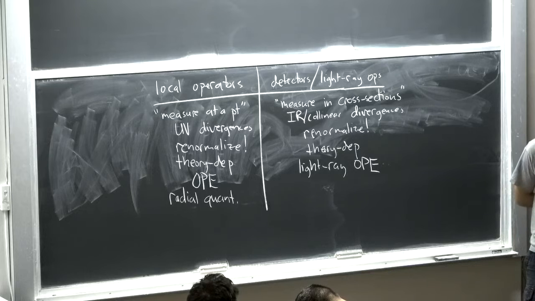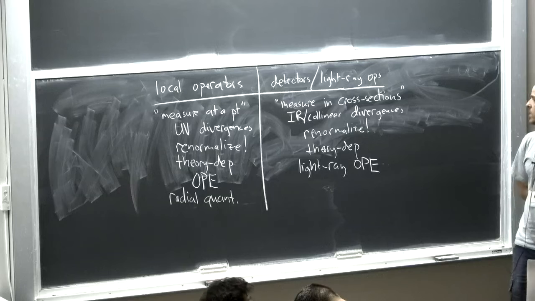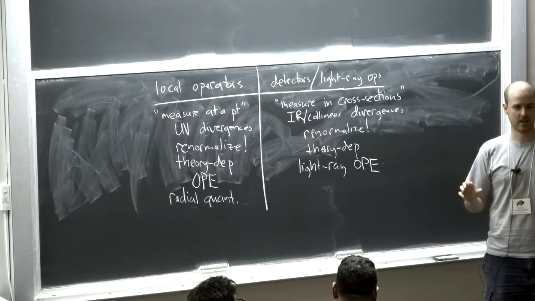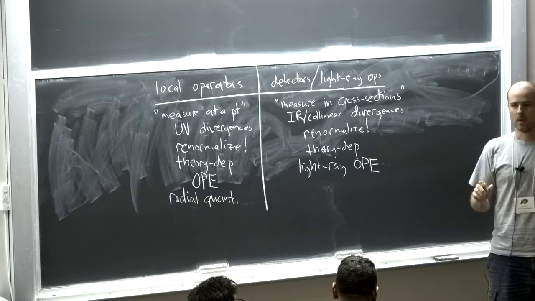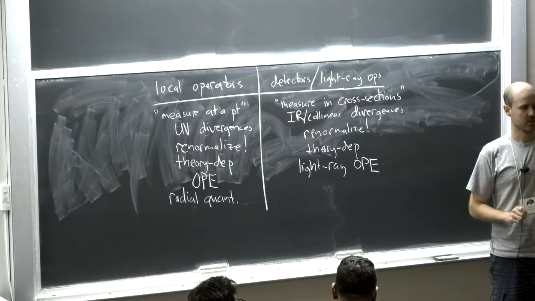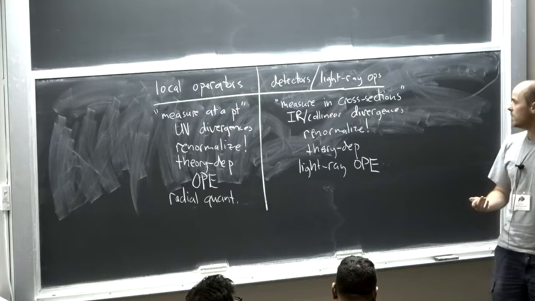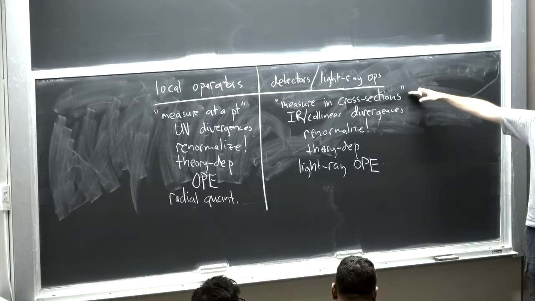Is this light ray OPE connected to celestial stuff? Good. So the question was, is there a connection to celestial CFT? There are probably many connections to celestial CFT. One distinction that I'll point out is in celestial CFT, often people are interested in studying amplitudes. And this is more of a story about cross sections.